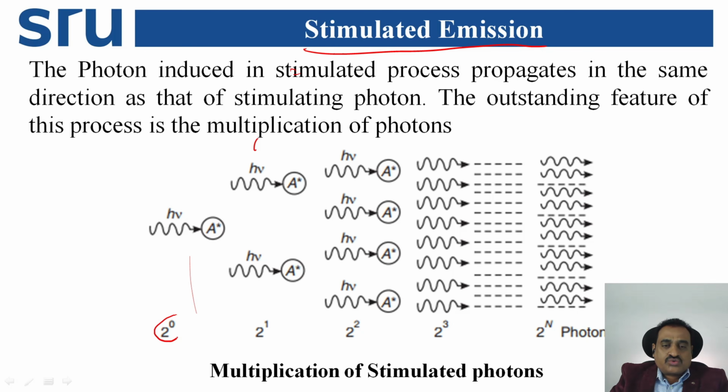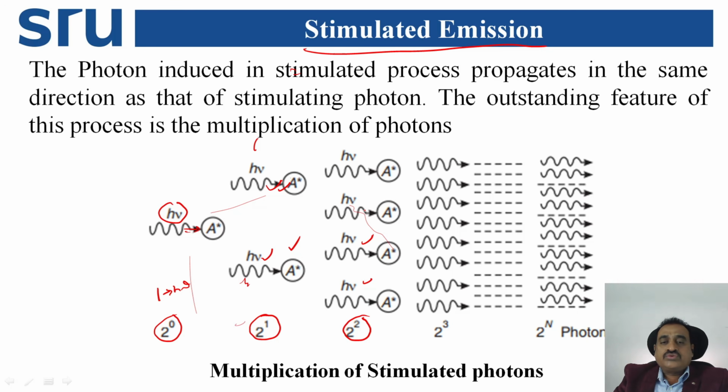So this is 2 to the power 0, which means one photon. One photon is incident on the excited state atom. It emits two photons. 2 to the power 1 means it emits two photons. So these two photons incident on the excited state atoms can give 2 squared photons.